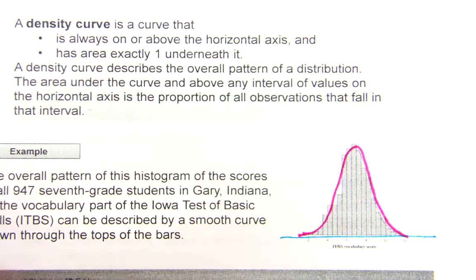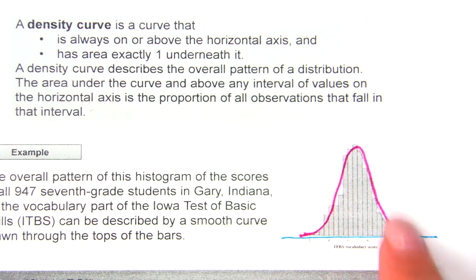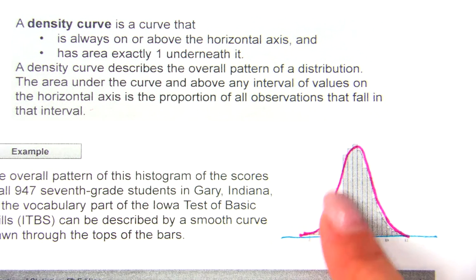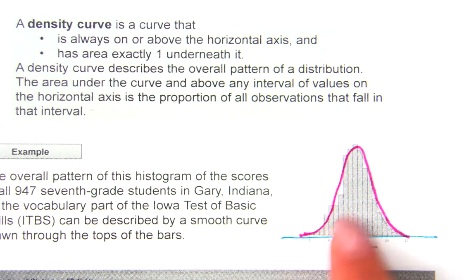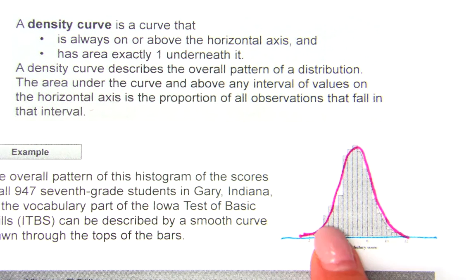So basically all of your data points have to be underneath here. And if you add up all the probabilities of each of the data points, you should get 100% of your data. So your area under the curve, we're going to call that 1 because it's 100% of your data.